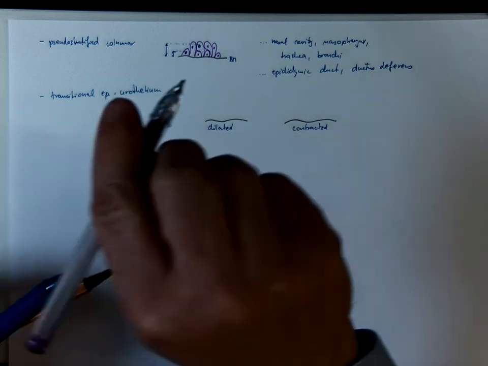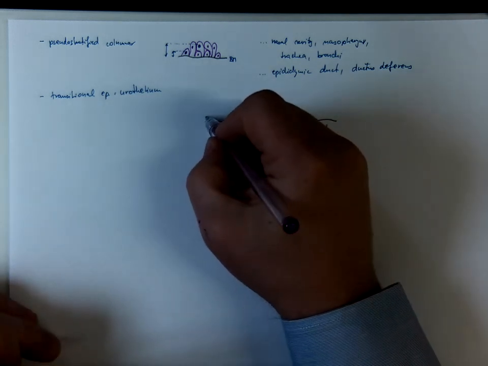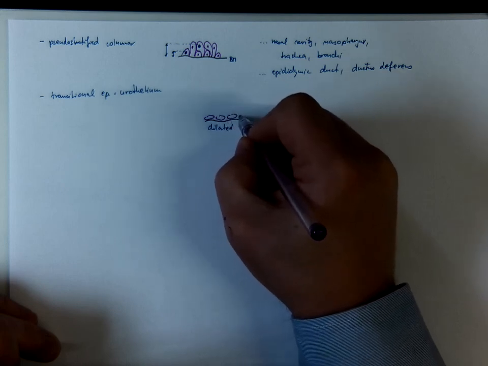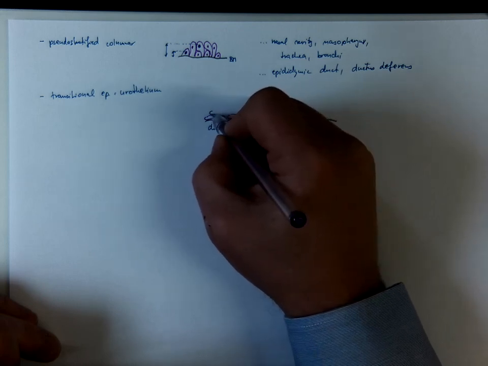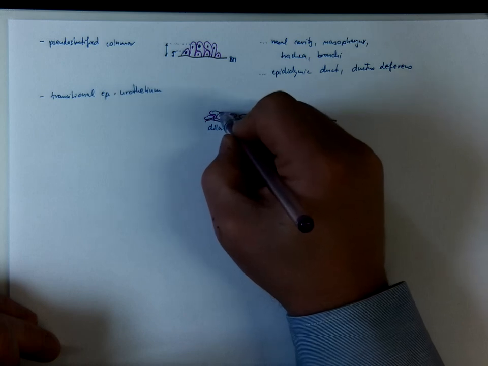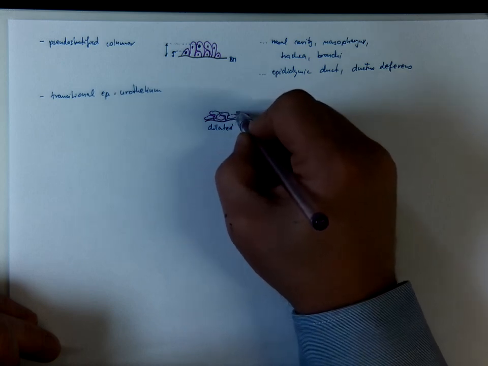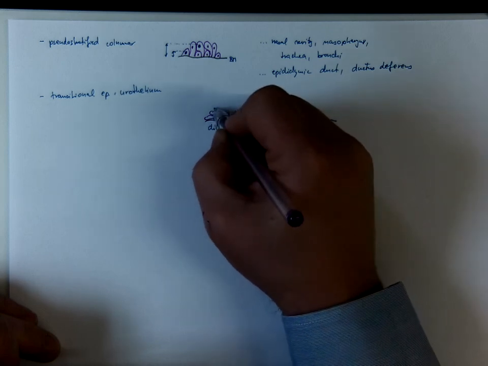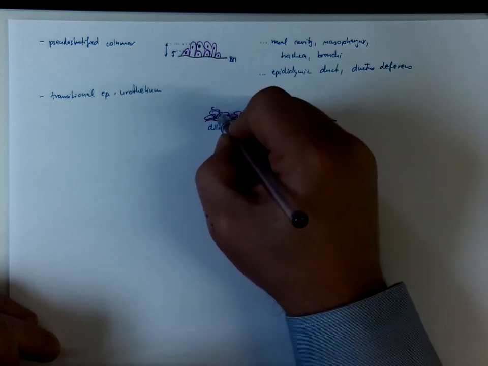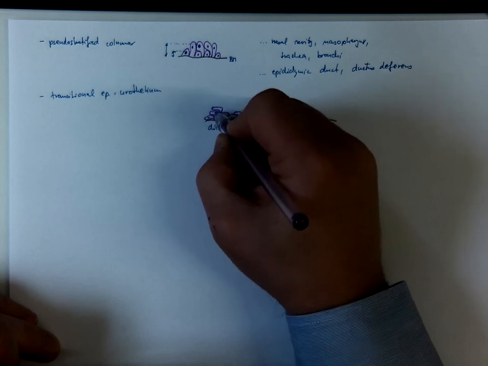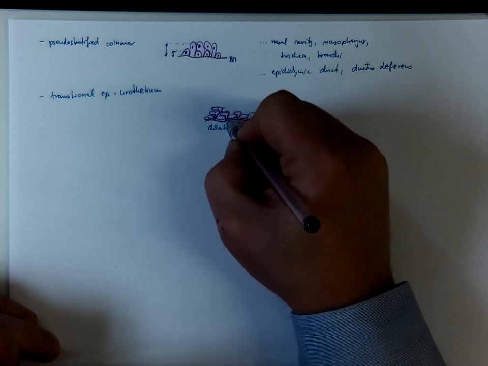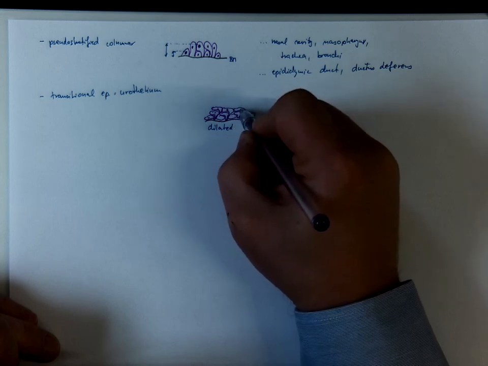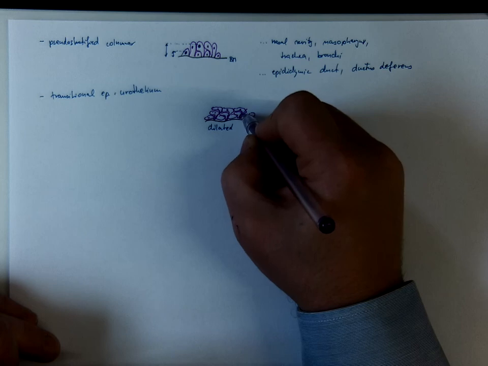In a stretched and relaxed urinary bladder, the epithelial cells seem to be flat, and all cells are touching the same basal membrane, although their feet are so thin that you would need an electron microscope to prove that.